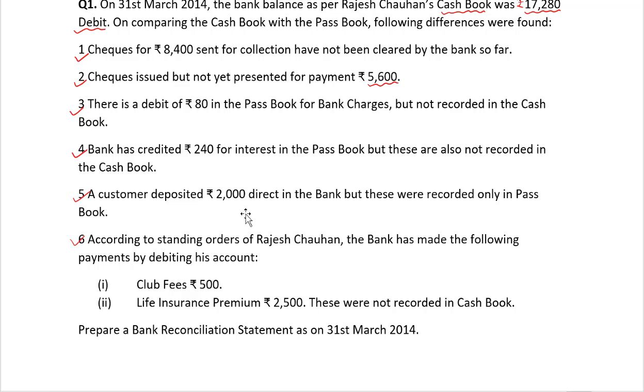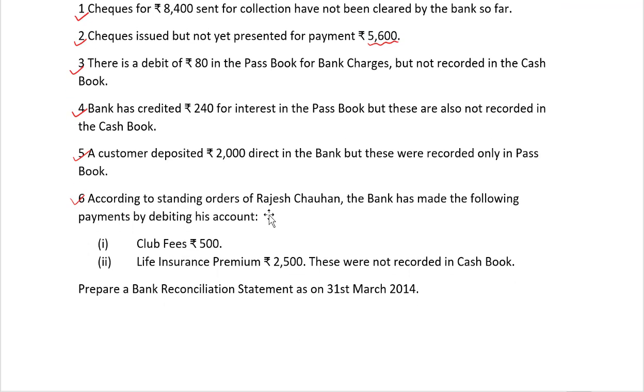Point number 6, according to the standing order of Rajesh Chauhan, the bank has made the following payments by debiting his account. First, club fees 500, and life insurance premium 2,500. The bank had done minus in the passbook balance of Mr. Rajesh Chauhan.